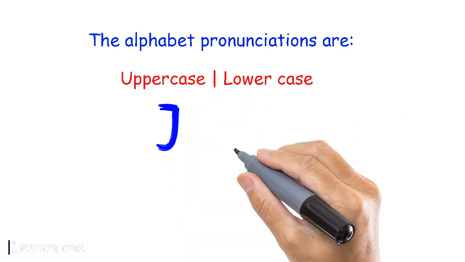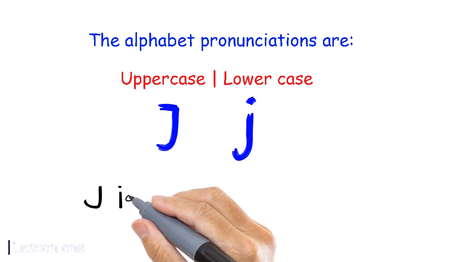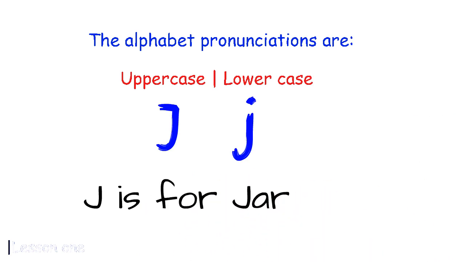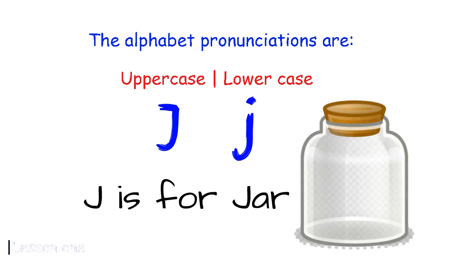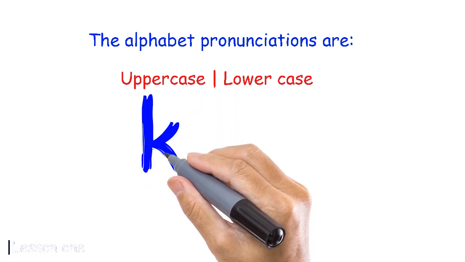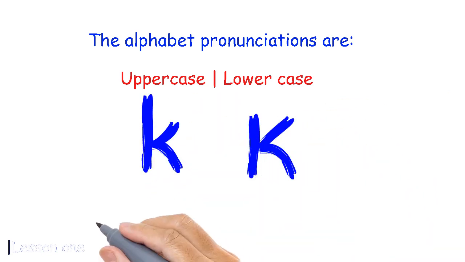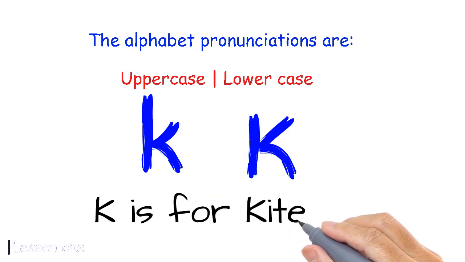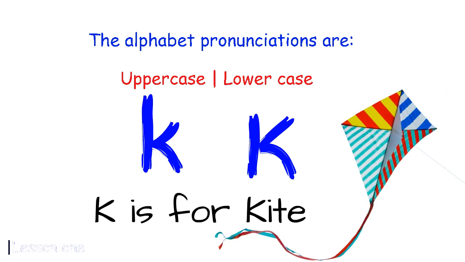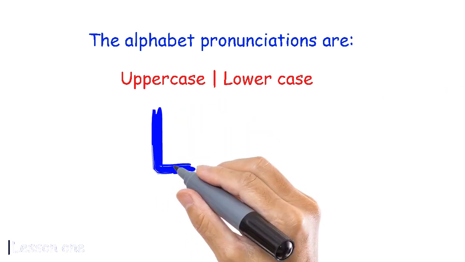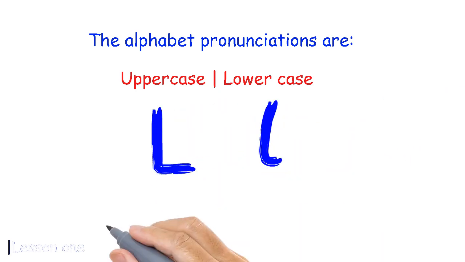J is for jar. K is for kite. L is for leaf.